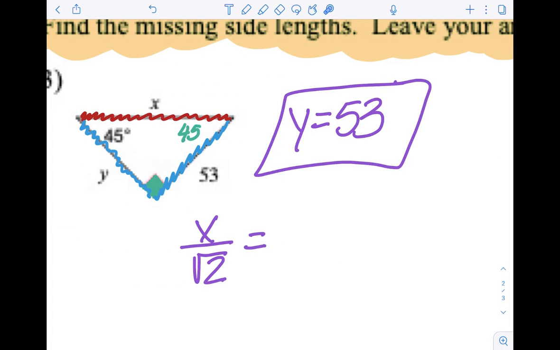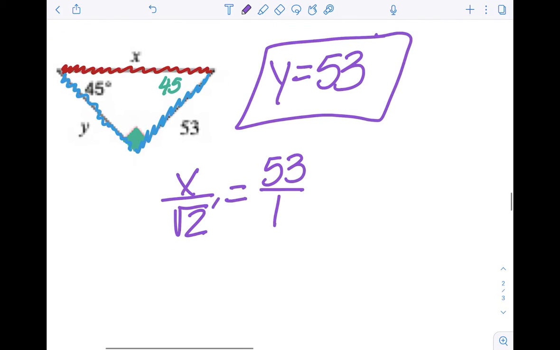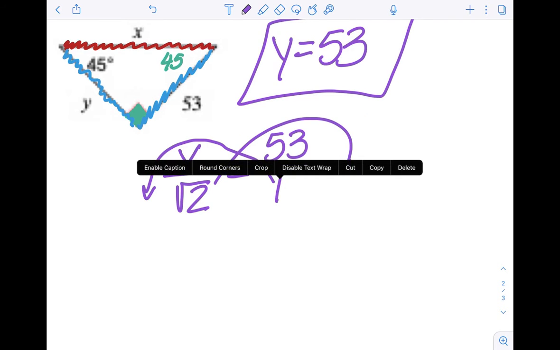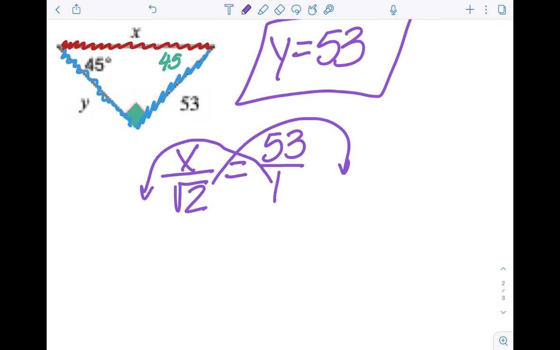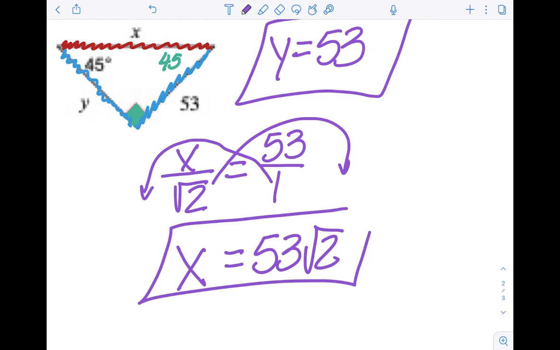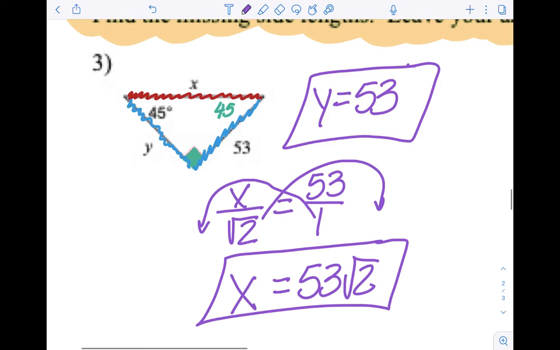So now I cross multiply: radical 2 times 53, and x times 1. Well, this is the easy one, right? x times 1 is x. Radical 2 times 53 is 53 radical 2. And that, kiddos, is our solution. We have found x. We have found y.